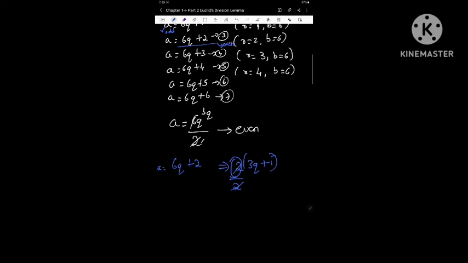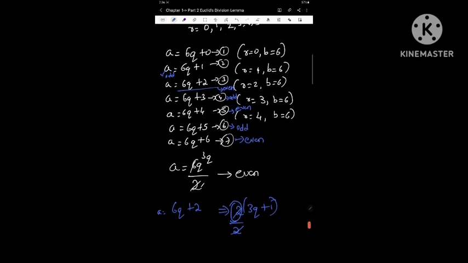Fourth is again not divisible, so it is odd. Fifth equation is divisible, this is even. Sixth is not divisible, so it is odd, and the last is divisible, so it is even.